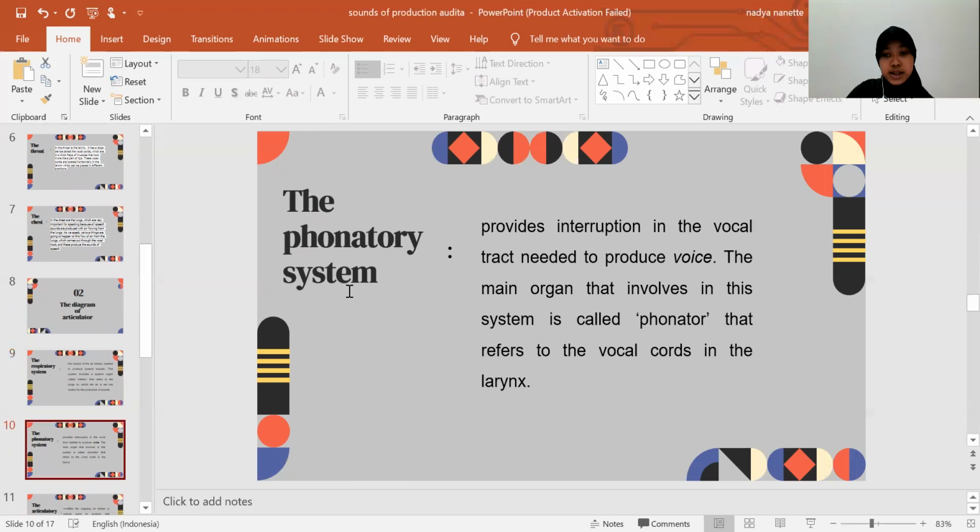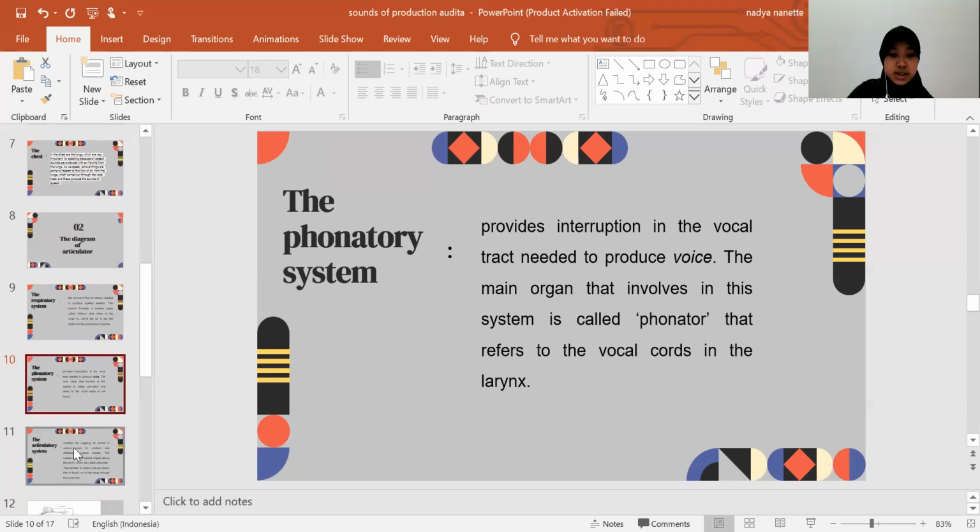The phonatory system provides interruption in the vocal tract needed to produce voice. The main organ involved in this system is called the phonator, which refers to the vocal cords in the larynx.